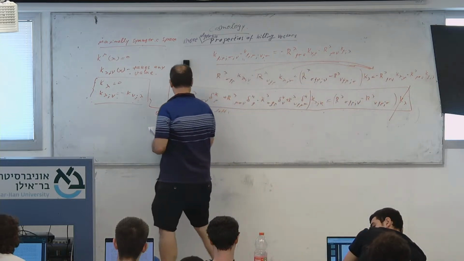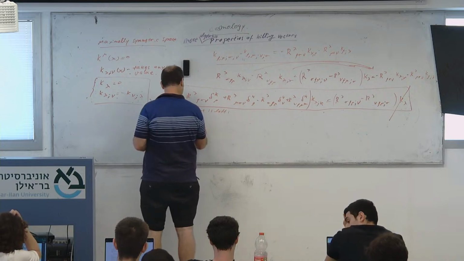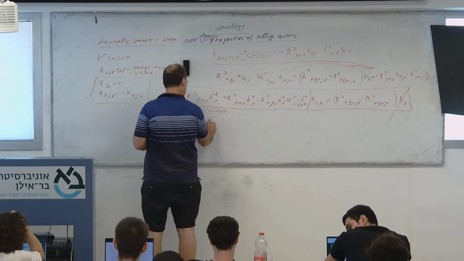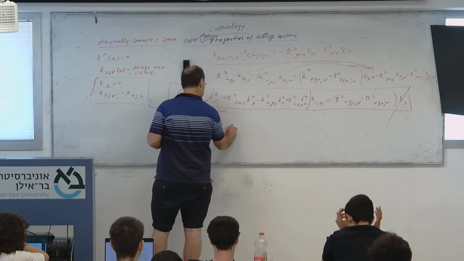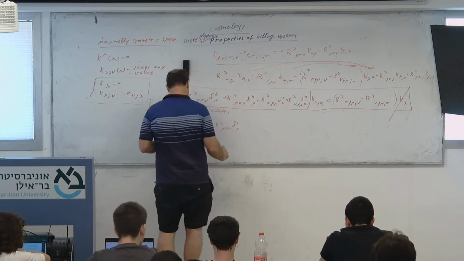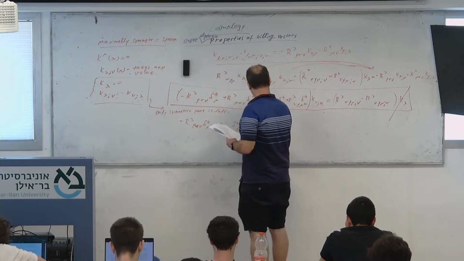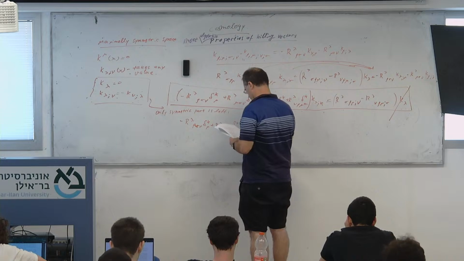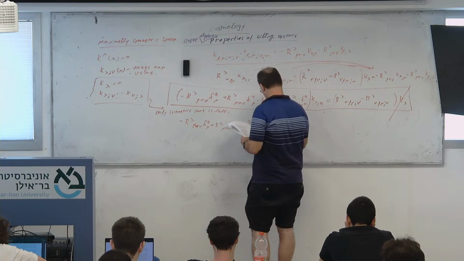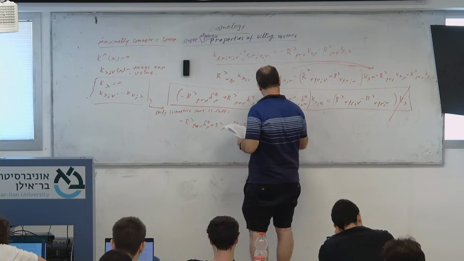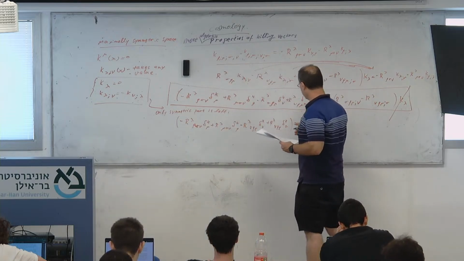So we'll have minus r lambda rho sigma mu delta kappa mu plus r lambda mu sigma nu delta kappa rho minus r lambda sigma rho mu delta kappa nu plus r lambda mu rho mu delta kappa sigma is equal to the same with exchange of lambda and kappa.